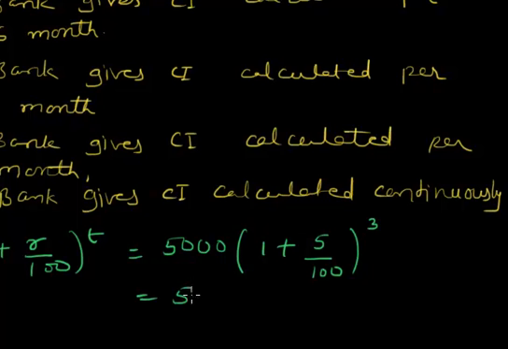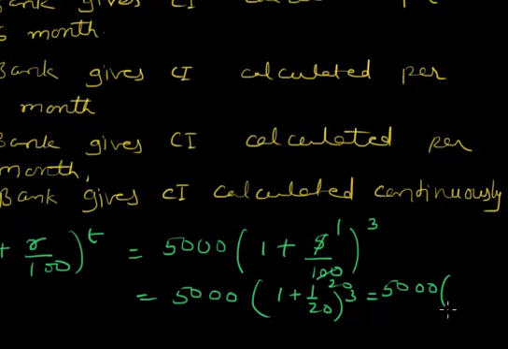So you have 5,000, 1 plus 1 over 20 raised to 3. There is no 20 here, so I'll multiply and divide by 20. So 20 plus 1, 21 over 20, raised to 3.